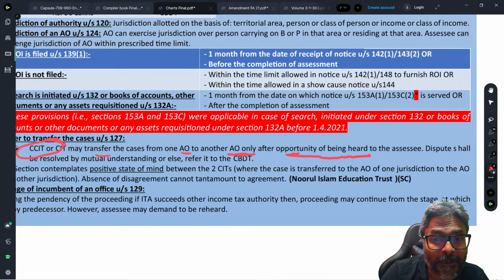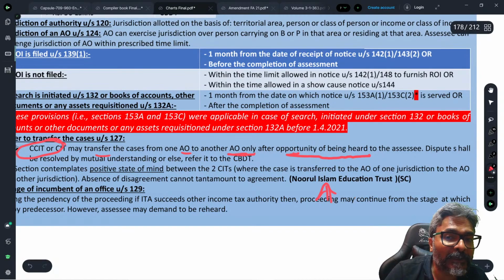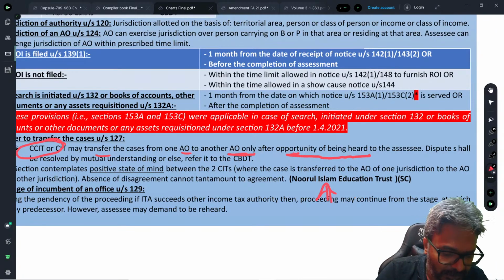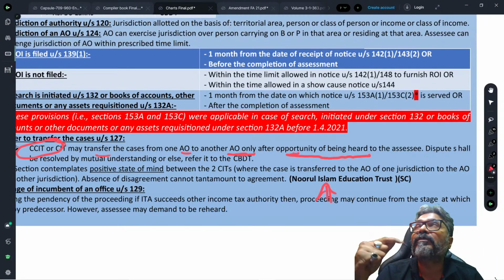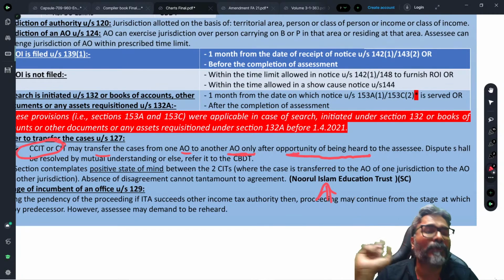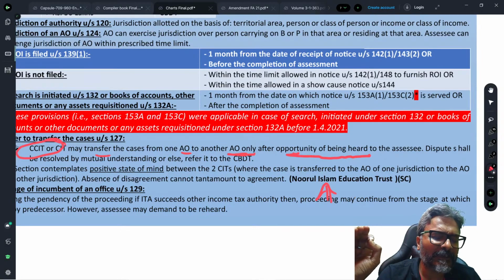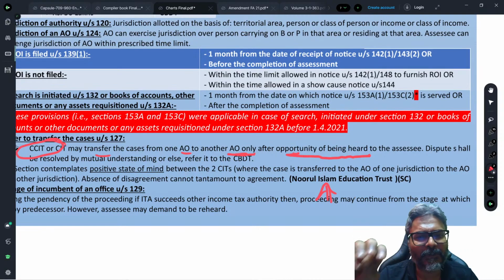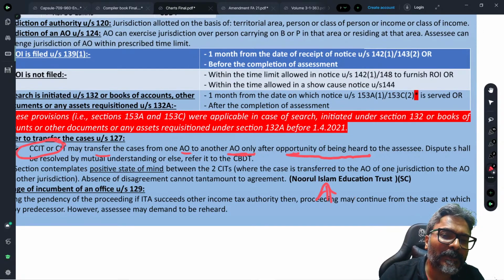Now, one more important point, students, arises from this judgment of the Supreme Court in Nurul Islam Education Trust. If the AO to whom the CIT has transferred the case is reporting to another CIT, then will that AO have to take up a positive confirmation in this regard?